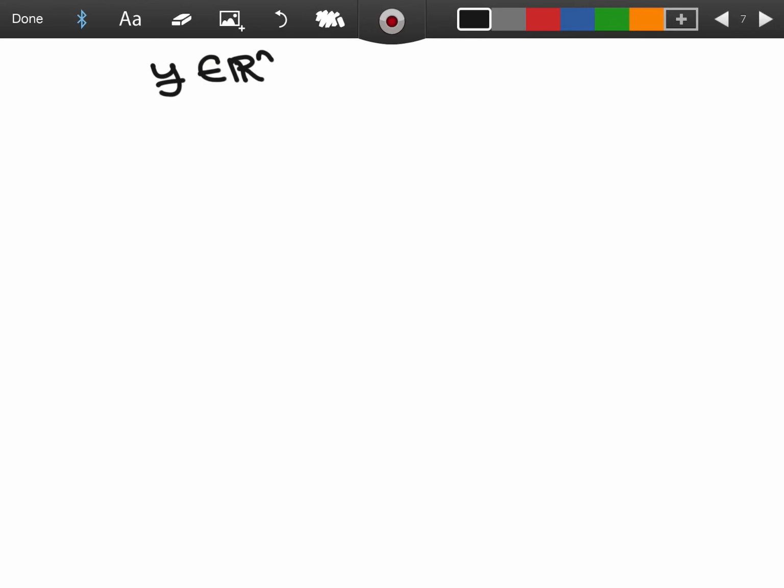That's the point y. What we want to do is find its projection onto W. So you've got this random point y in Rn, and you want to find the closest point to y that lands in W. That is y hat.